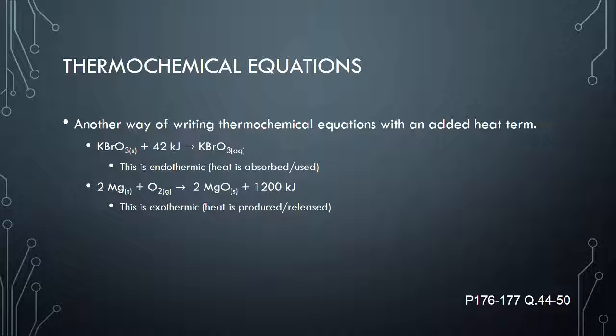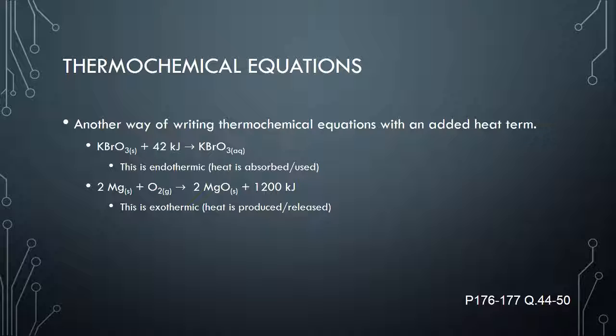Another way of writing thermochemical equations is with an added heat term. So instead of having the delta H value outside of the equation, you could write KBrO3 solid plus 42 kilojoules. So you're adding heat there, then you can make KBrO3 into solution.